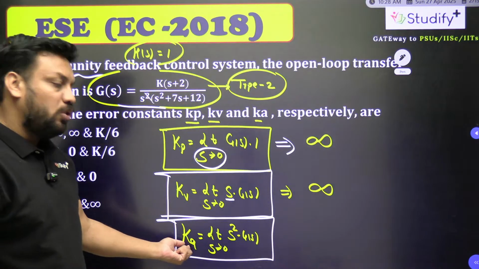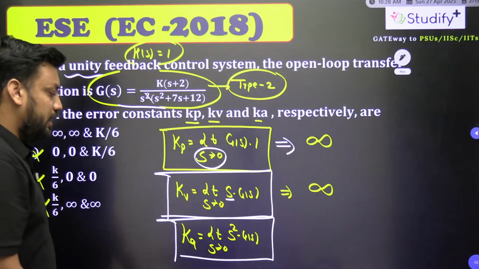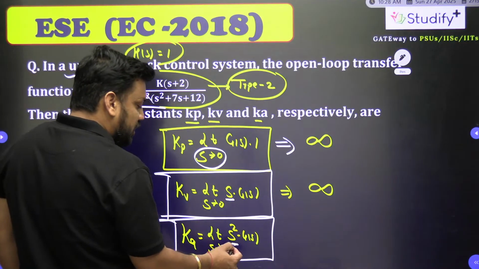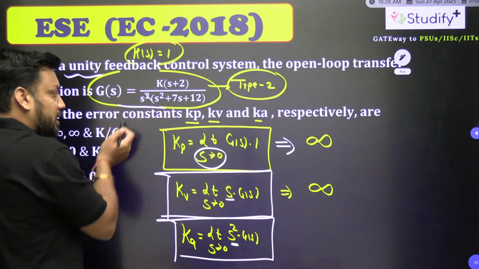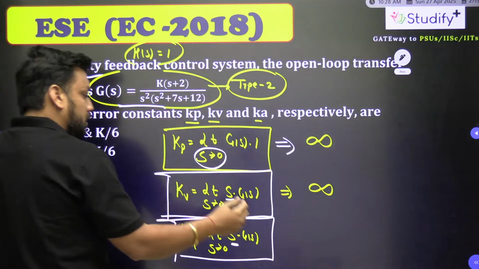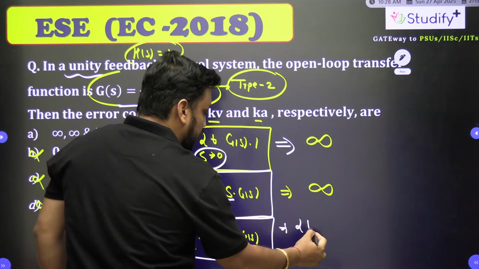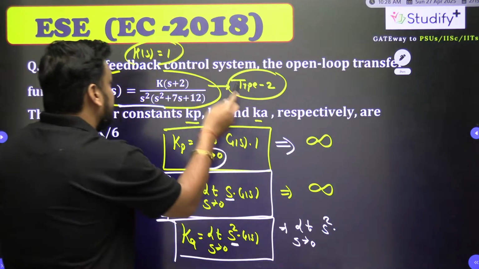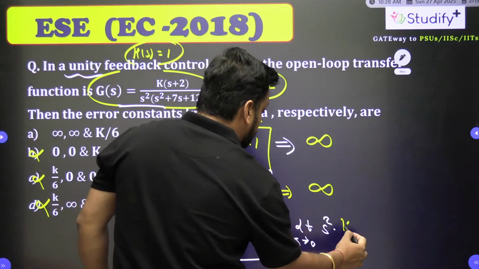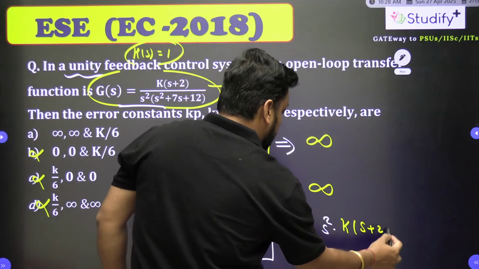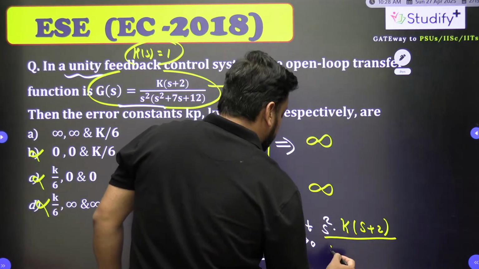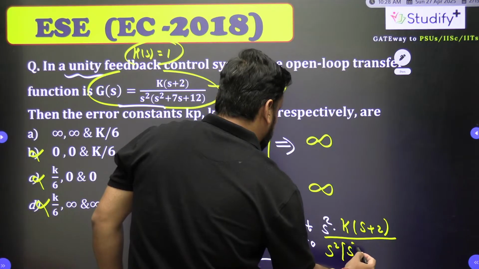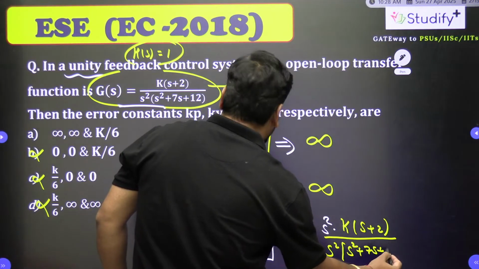Similarly, if I talk about the Ka value, here you can easily see there is S square now, so this S square and this S square entirely cancel out. Limit S tends to 0, S square into G of S, where you substitute the entire G of S. When you put it, you get K into (S plus 2) upon S square into (S square plus 7S plus 12).